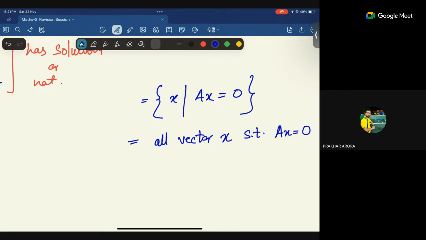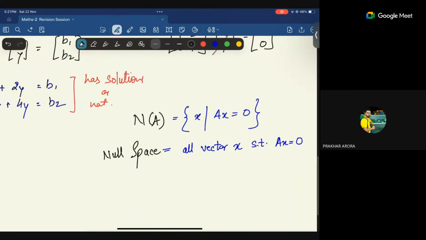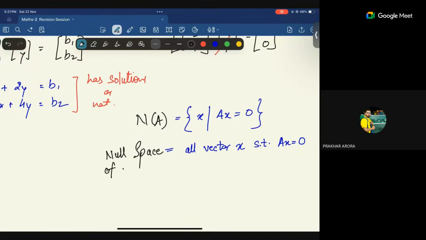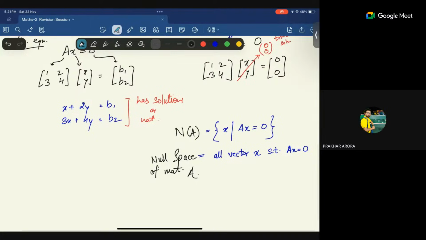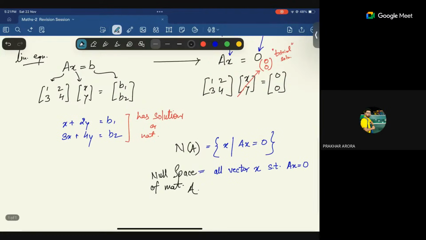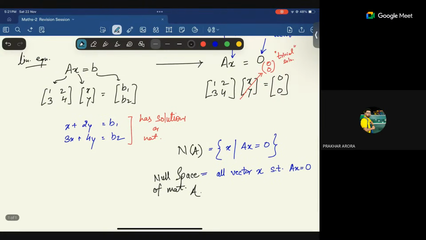And this is what we call the null space of matrix A. First of all, is this thing clear? Now what is the implication of this?